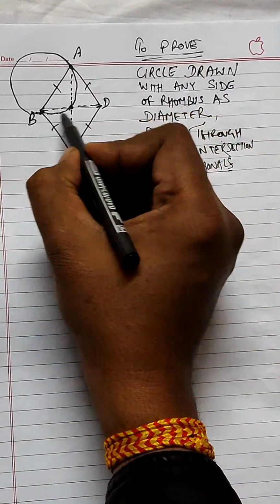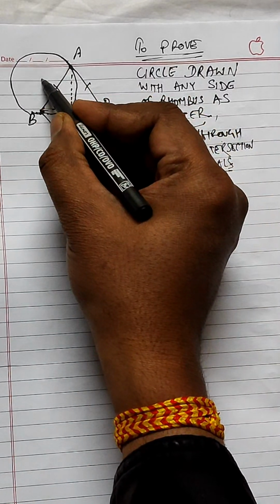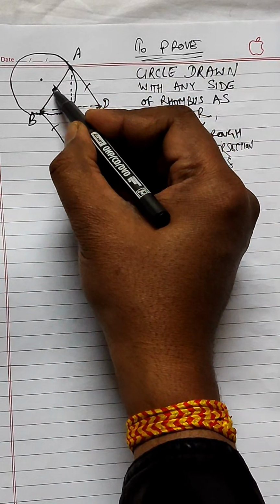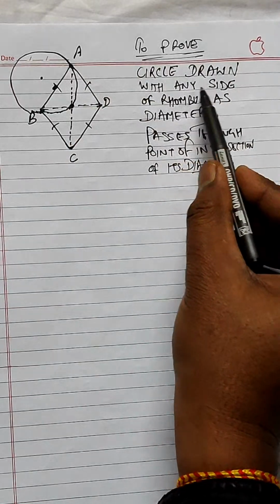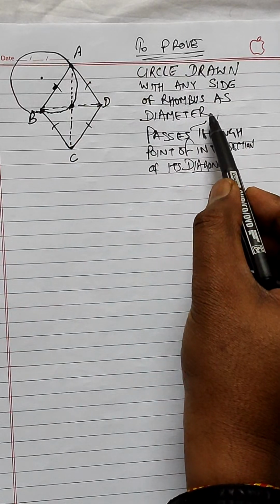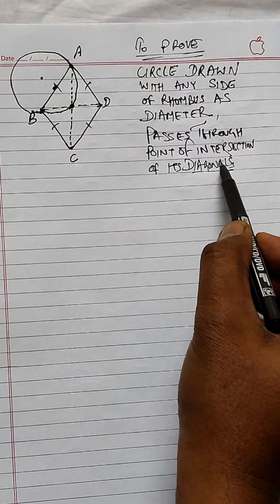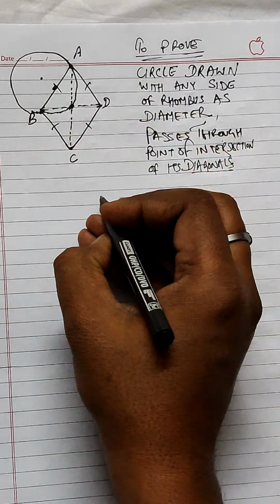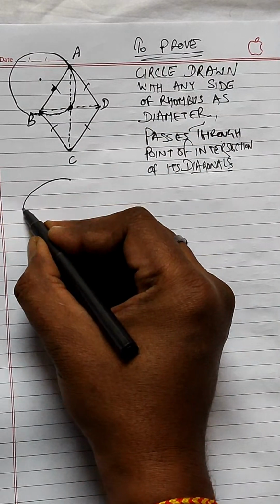Yeah. So we need to prove that this circle, having its center lying on this, because AB is the diameter. You can read: a circle drawn with any side of a rhombus as diameter passes through the point of intersection of its diagonals. So this circle is a little bigger, so I can try an even better circle now.